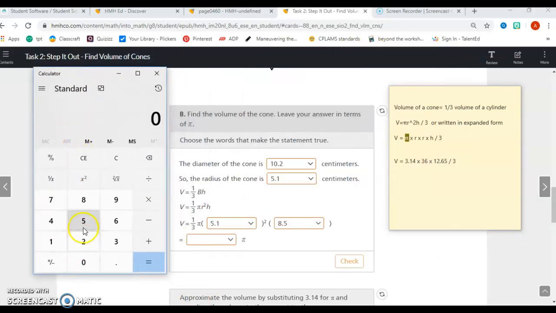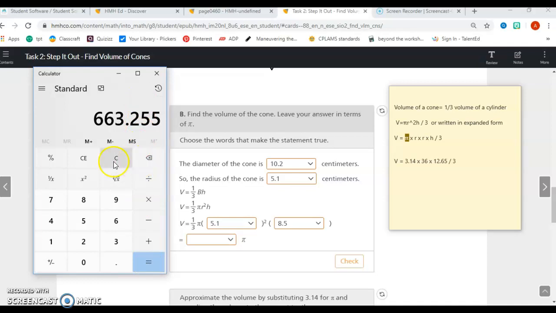Radius is 5.1 squared, which means I do 5.1 again. So 5.1 times 5.1 times my height, 8.5, equals 221, but now I have to divide it by 3. Oh, I multiplied it by 3. Hold on.